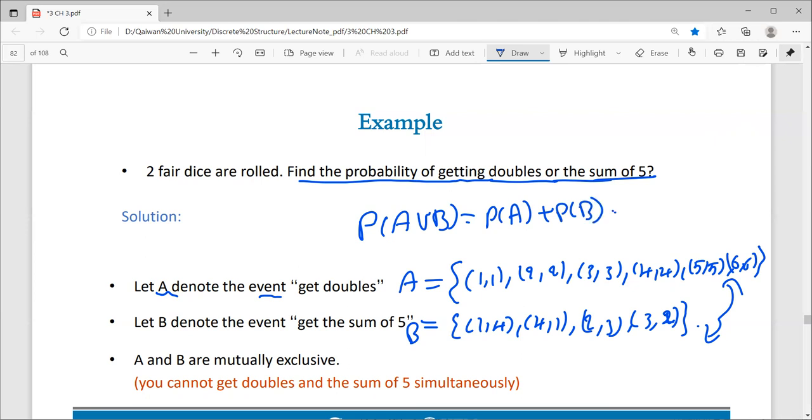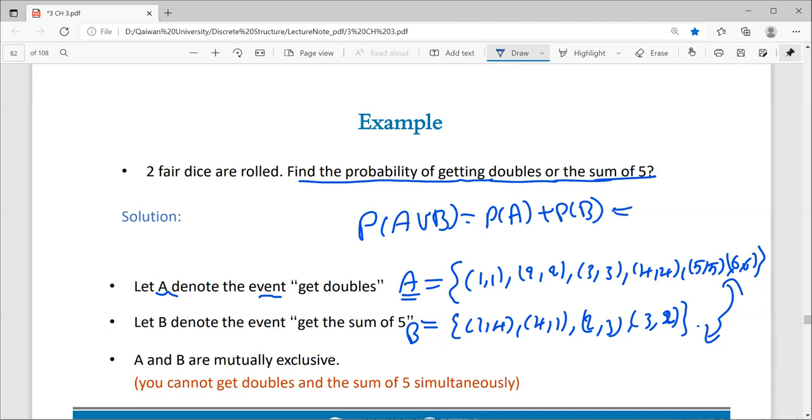Probability of A: in rolling 2 dice, how many elements do you have in the sample space? How many? 36. Yes, we have 36 elements in the sample space. In A, we have 6 elements, so 6 divided by 36.